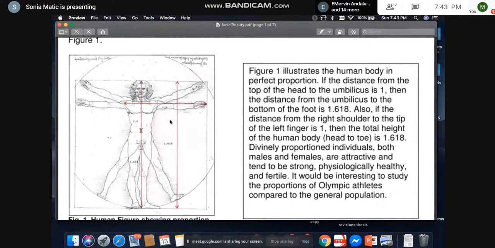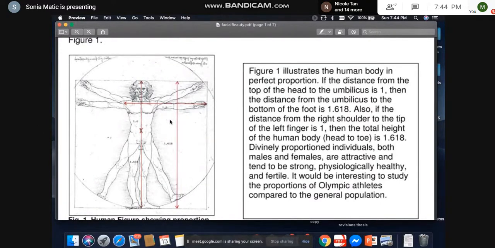If the distance from the top of the head to the umbilicus is 1, then the distance from the umbilicus to the bottom of the foot is 1.618. That's the ratio, 1 is to 1.618. Also, if the distance from the right shoulder to the tip of the left finger is 1, then the total height of the human body from head to toe is 1.618.